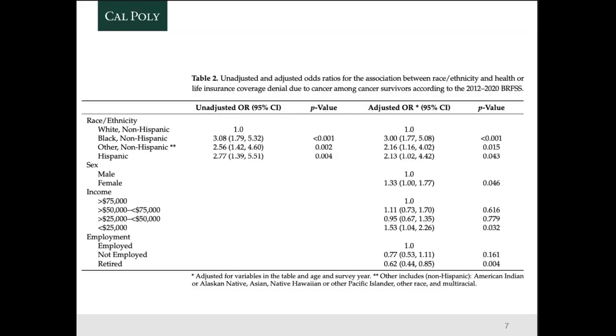Again, notice that the columns are individual columns that are clearly labeled. At the top, you can see here, it tells you this is my unadjusted odds ratio and my 95% confidence interval. This is my p-value. This is my adjusted odds ratio and the 95% confidence interval and the p-value.